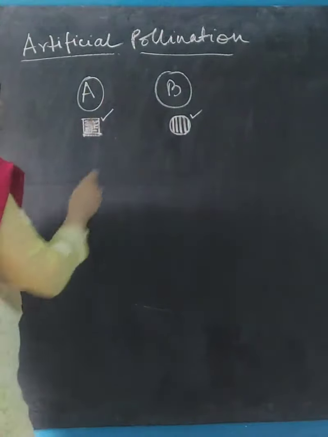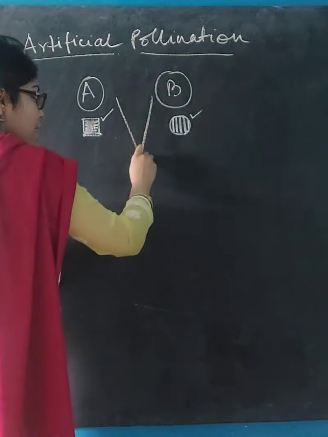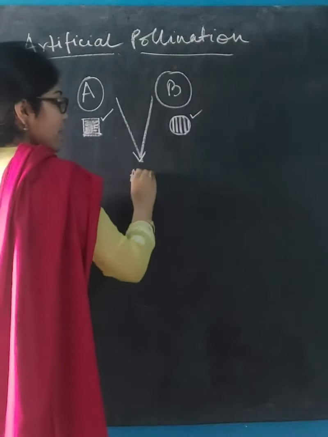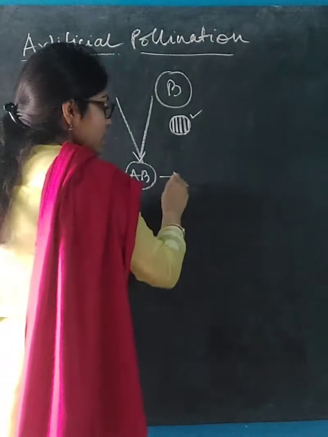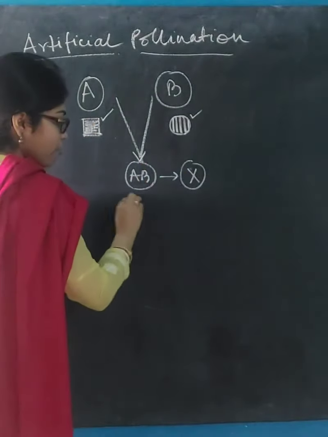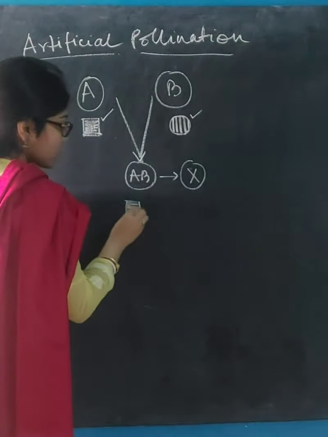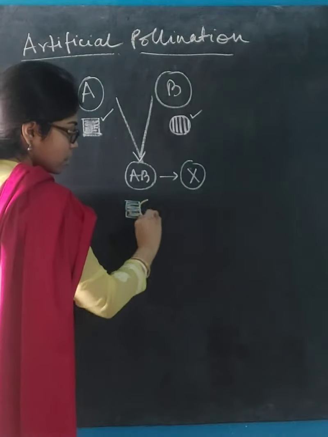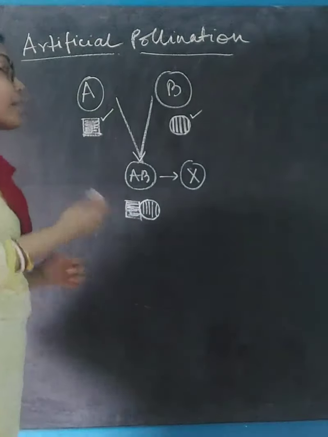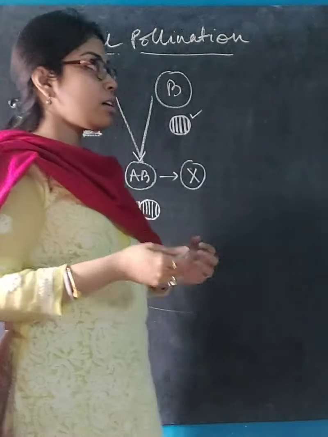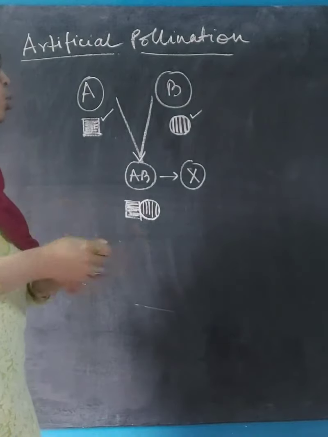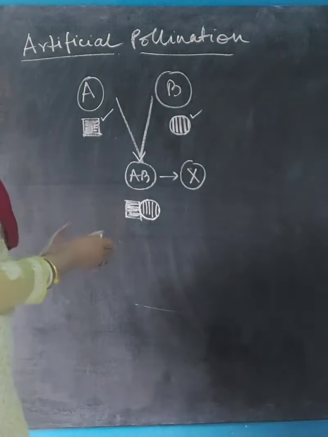So if we pollinate between plant A and B, we will get a hybrid of plant A and B, and we can name it AB, or we can just name it separately as X, and it will have both the good characteristics of A and B. Thus it will be more desired by maybe farmers or those who research this type of thing.